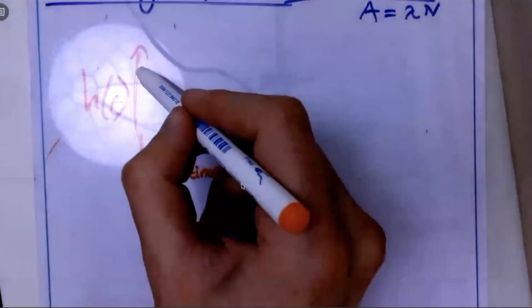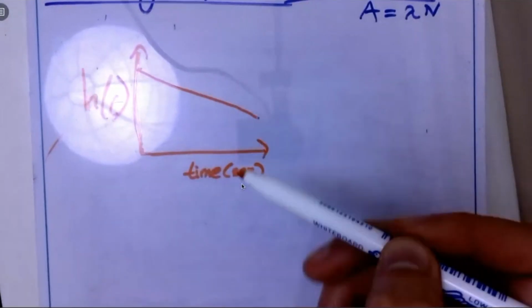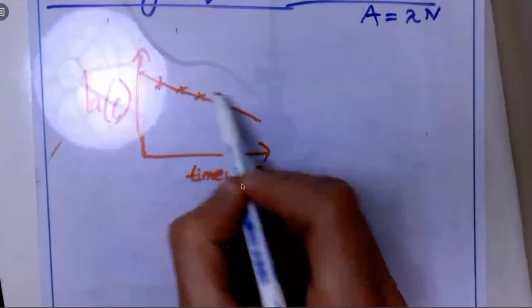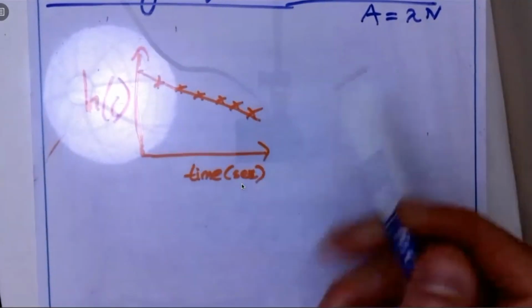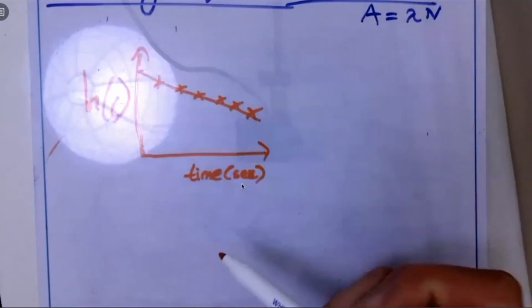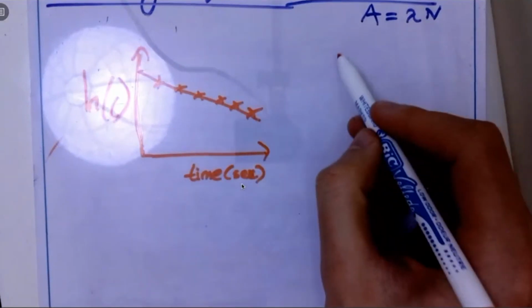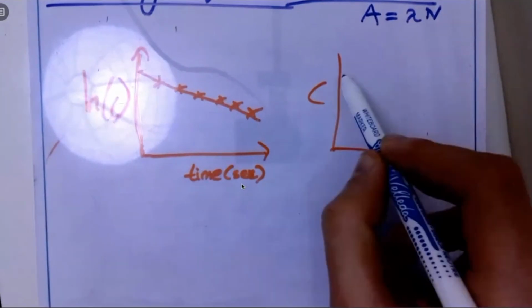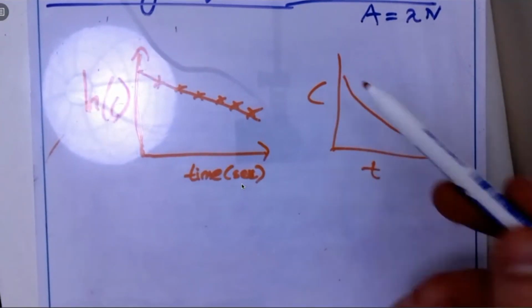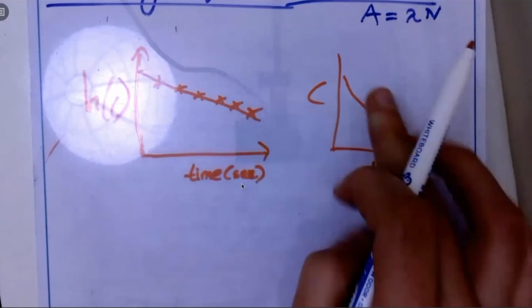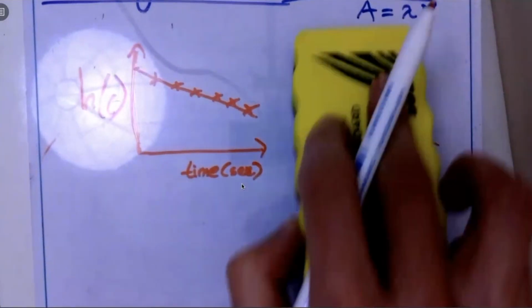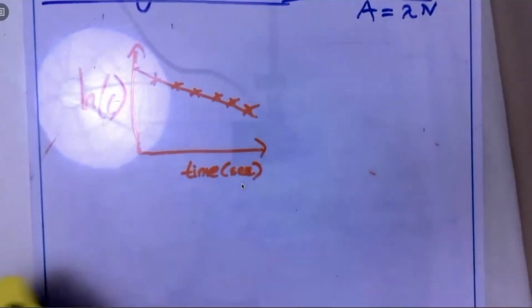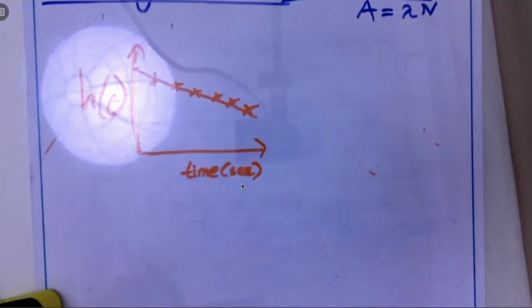If you plotted it, you would get a couple of points like that. If it was C and T, it would be something like this, but because we're logging it, we'll get a straight line. And the purpose of getting a straight line is to determine certain parts of our equation.